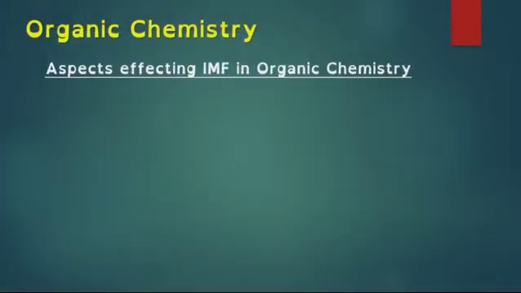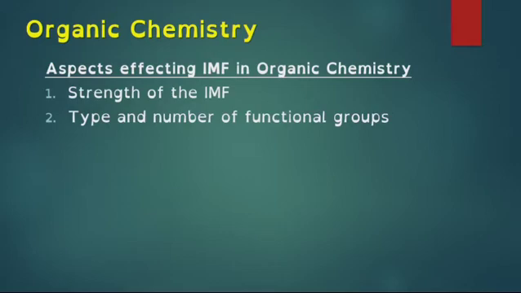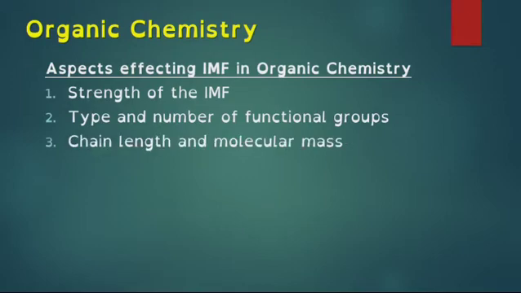So lastly, for this question, you need to know the aspects that affect intermolecular forces in organic chemistry. Now, the first and logical one is the strength of the intermolecular force. And then we get to the type and the number of the functional groups. Then, very important and often quite hard to explain, is chain length and molecular mass.